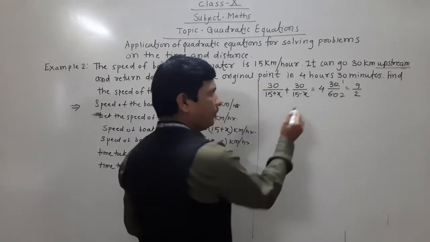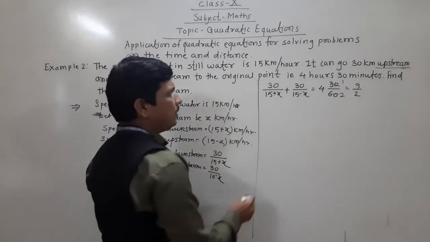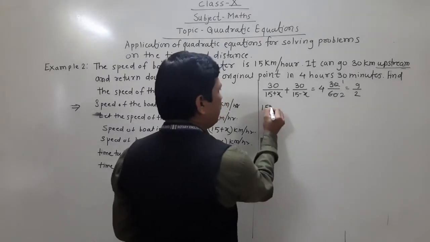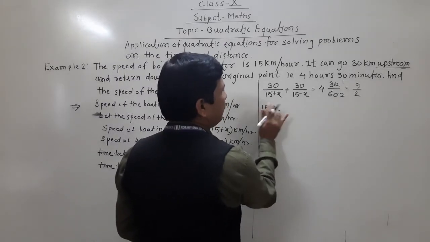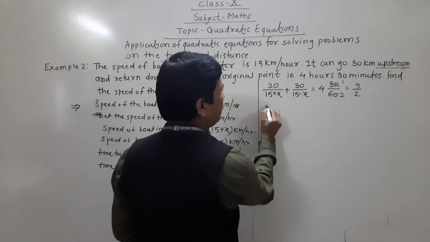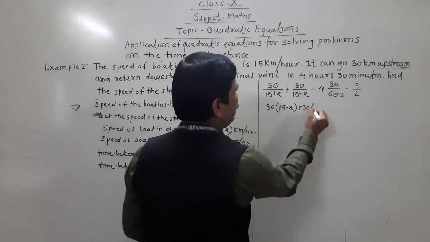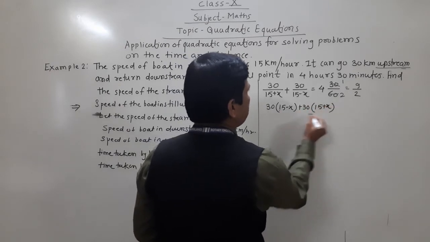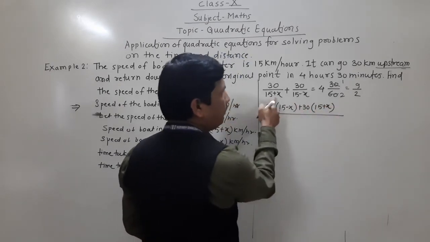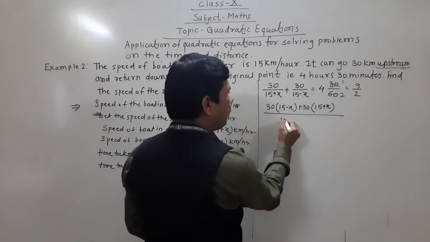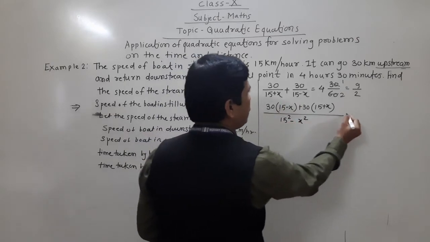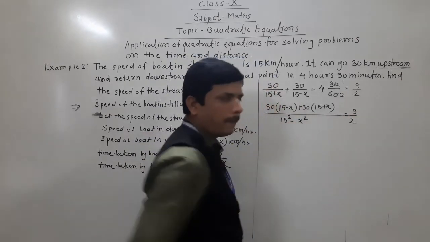Now we will do cross multiplication: 30 into 15 minus x plus 30 into 15 plus x, divided by 15 square minus x square, using a plus b into a minus b, is equal to 9 by 2.